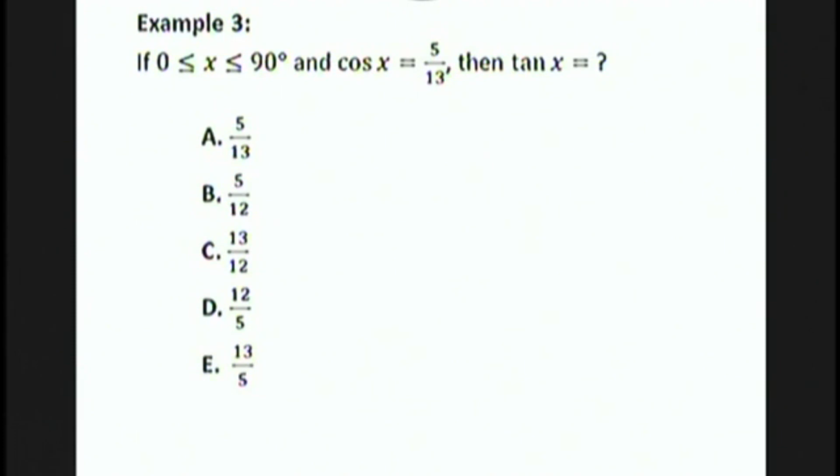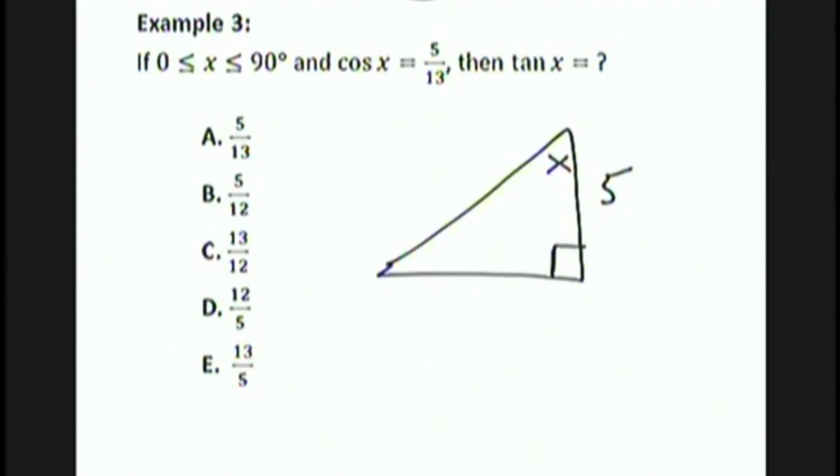Let's look at an example. If x is between 0 and 90 degrees and cosine x is 5/13, then tan x is what? Okay, to solve this problem, let's draw a right triangle and pick an angle for x. Now, we're given that cosine x is 5/13, so that's adjacent over hypotenuse.